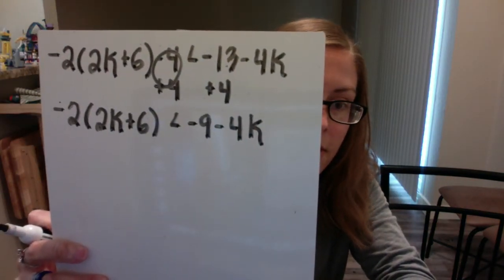Next, we're going to distribute the -2. And we get -4k minus 12 is less than -9 minus 4k.